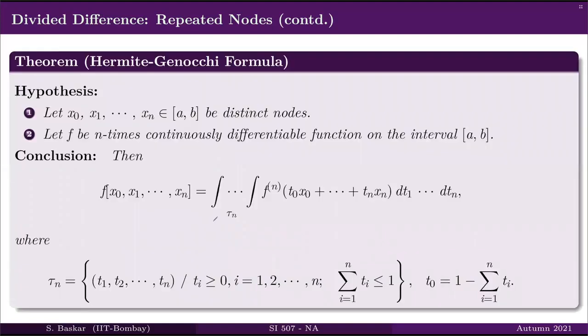Let us see how the right-hand side formula will look like when n is equal to 1. We will put n equal to 1 and t0 equal to 1 minus t1, and tau n, which is tau 1, equal to the closed interval 0 to 1.